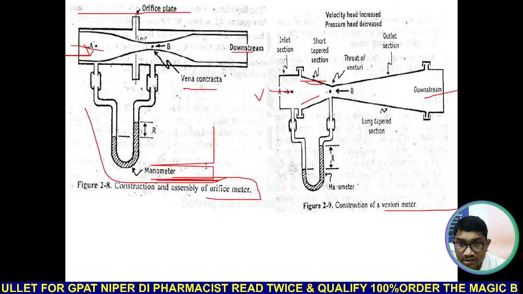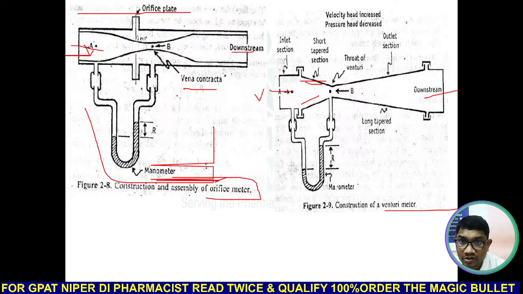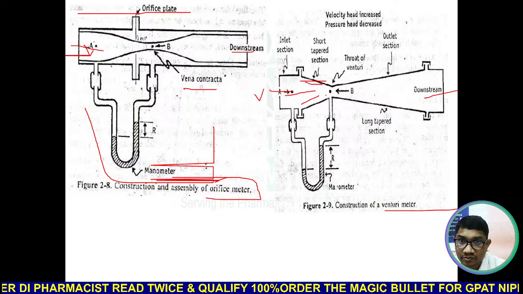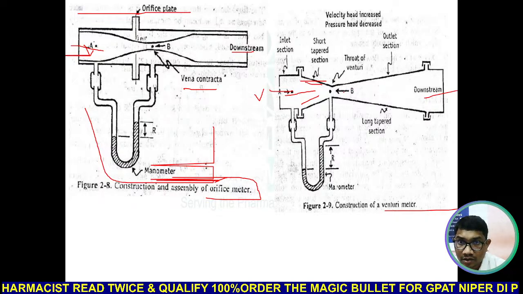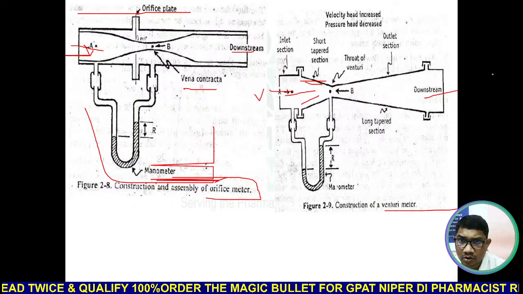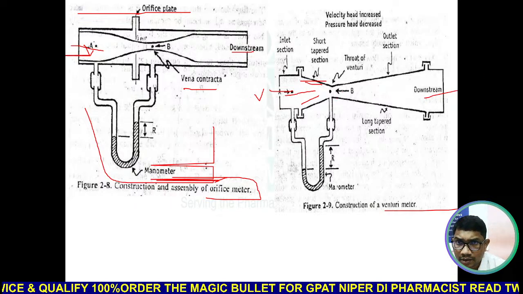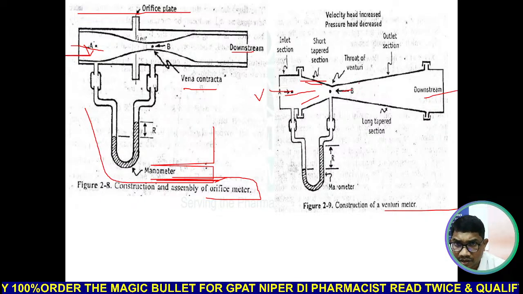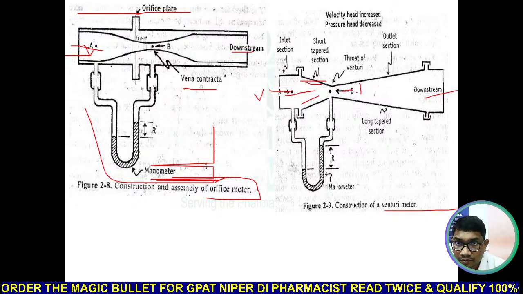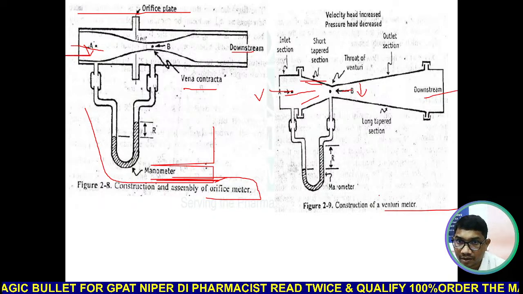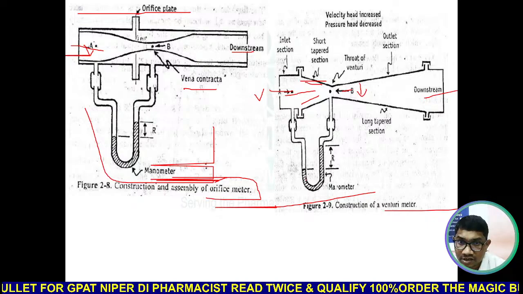Velocity will increase here and pressure will drop. To increase the velocity with the pressure drop. यहाँ से pressure कम हो जाएगा. That is measured. तो यहाँ पे again manometer है आपका to measure the pressure differential.